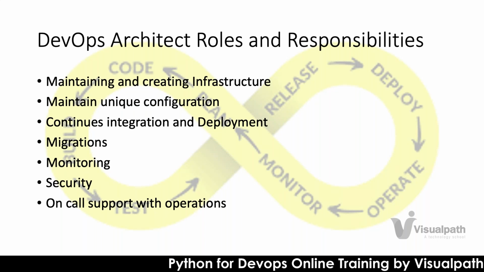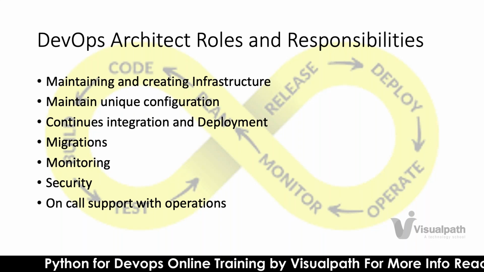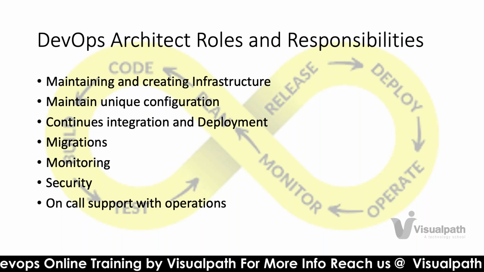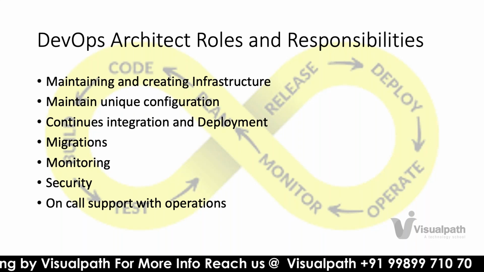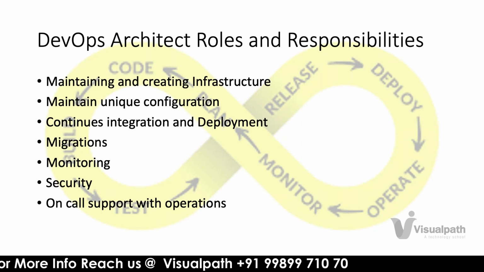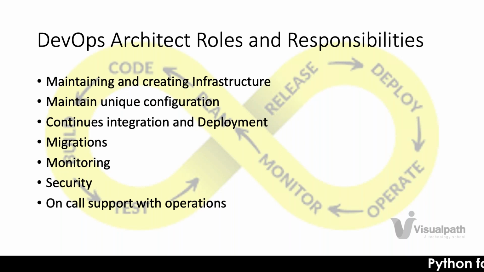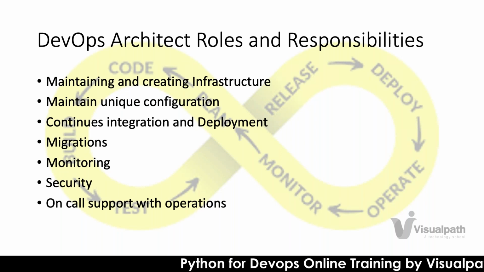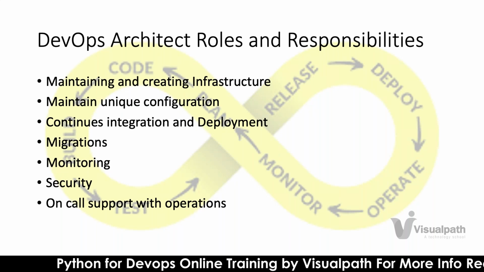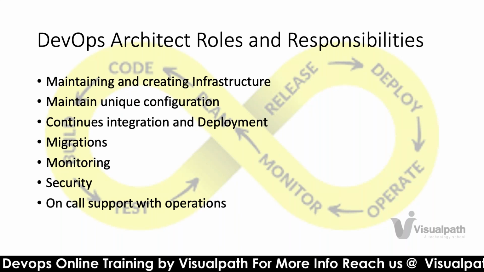Okay, so why I mentioned all these roles and responsibilities is, whatever course we are studying, some tools I have selected for migration, some tools I have selected for security, some tools I have selected for integration and deployment. Okay, so if you see our curriculum, you will be seeing a set of DevOps tools which fall under each category.